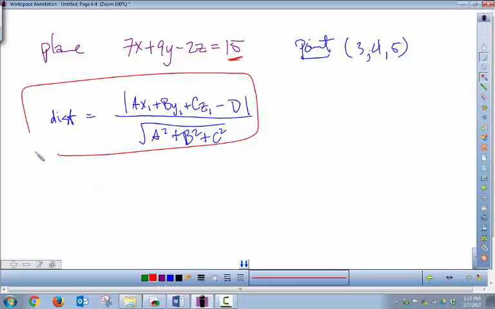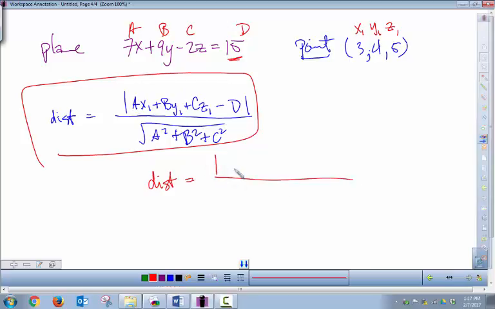Now that we have the formula, our distance formula is going to be easy. So our A, B, C are the coefficients of the x, y, z, and our x1, y1, z1 would be those points, the components of the points. And then our D is equal to 15. So the distance in this problem is going to equal the magnitude of A times 3. So I'm going to put actual numbers here. 7 times 3 plus B is 9.